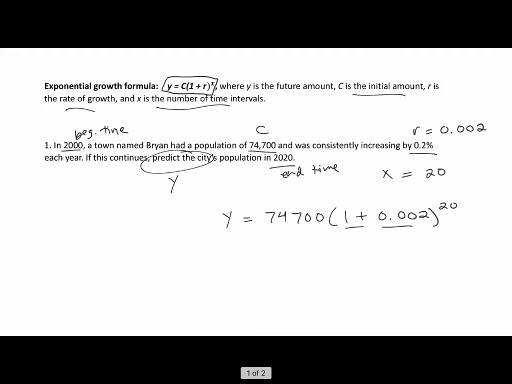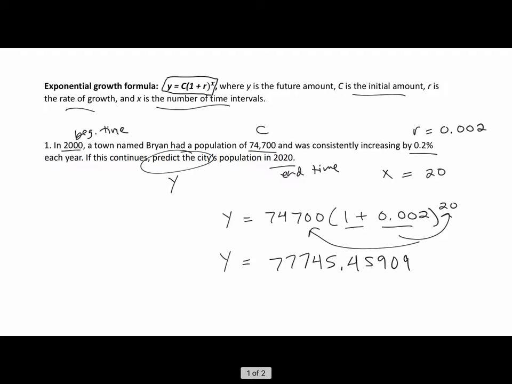In the order of operations, do what's in the parentheses, then raise that to the power, and then multiply by the beginning number. And the answer that we get is 77,745.45909. But let me tell you, people don't come in decimal form.